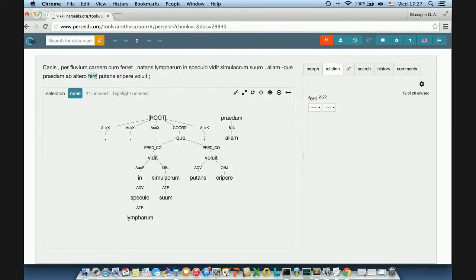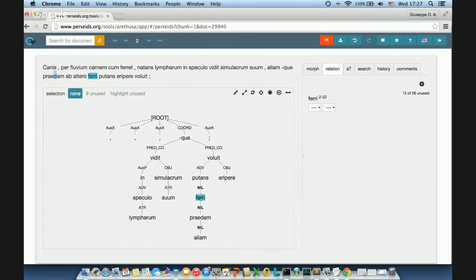Then I can go on. How can I, for example, annotate the clause, the content of what the dog was thinking? Okay, this other clause. Well, again, what we did is to take the verb of the clause and attach it directly to the verb putans here. Then we take the subject of the verb ferri, and we go on this way.